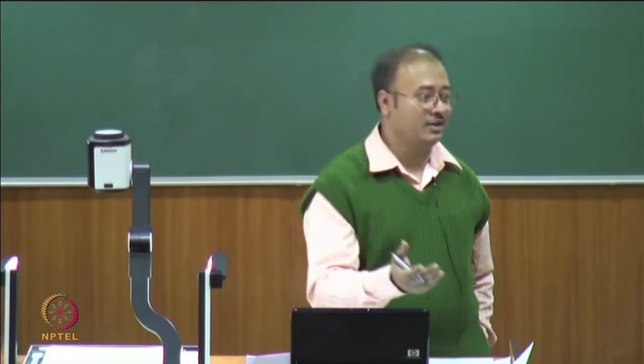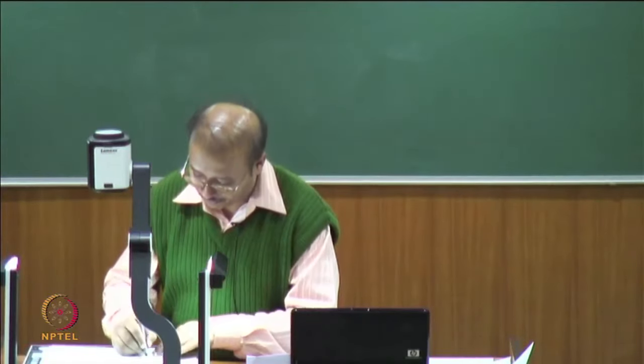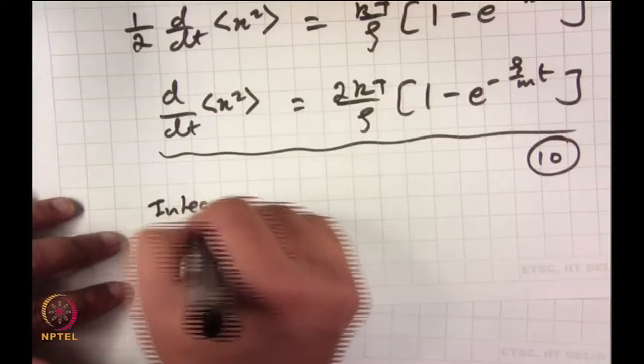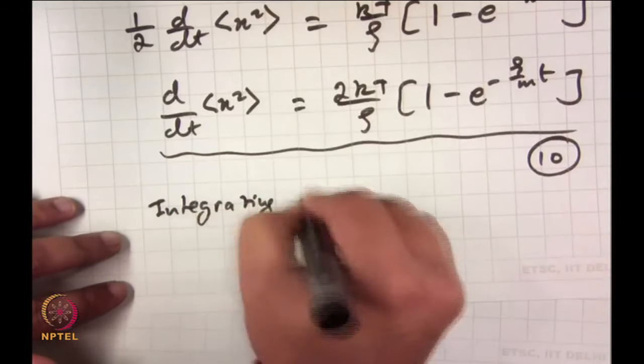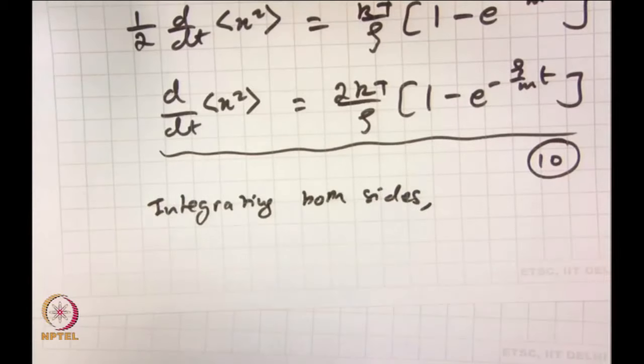So, what do I do now? It is simply we integrate with respect to time. So, integrating both sides. So, what are the limits now? One is t equal to 0 and the other one is t equal to infinity, because we are looking at very long times, right.